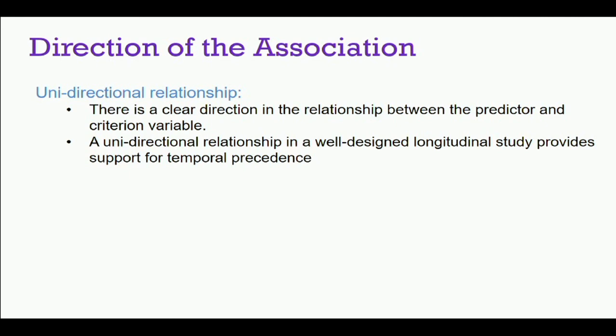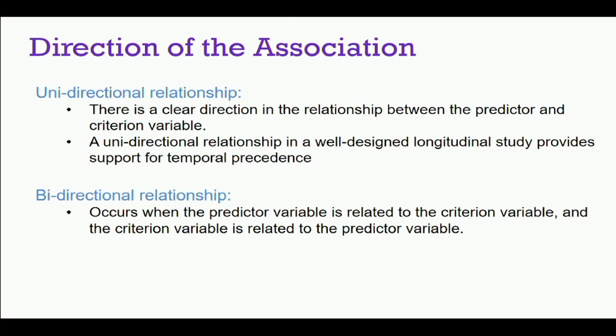And you often have the IV influencing the DV and the DV influencing the IV. But if you're lucky enough to have a research question with a unidirectional relationship, you can actually provide really strong support for temporal precedence. Your life will be easy. But in most cases, the predictor variable is related to the criterion variable because it influences it. But the criterion variable is also related to the predictor variable.